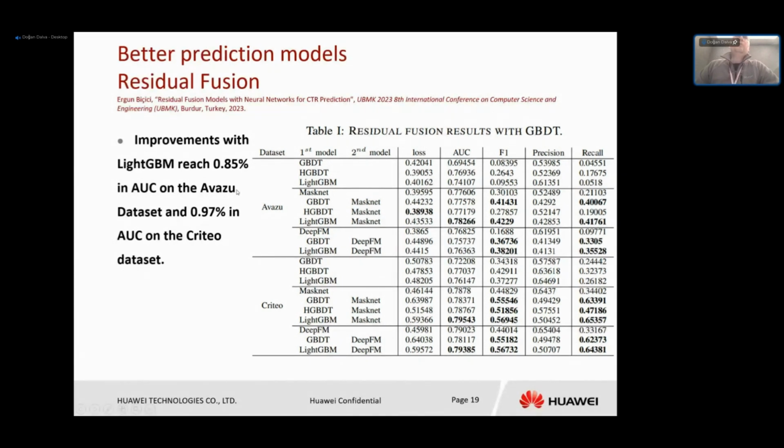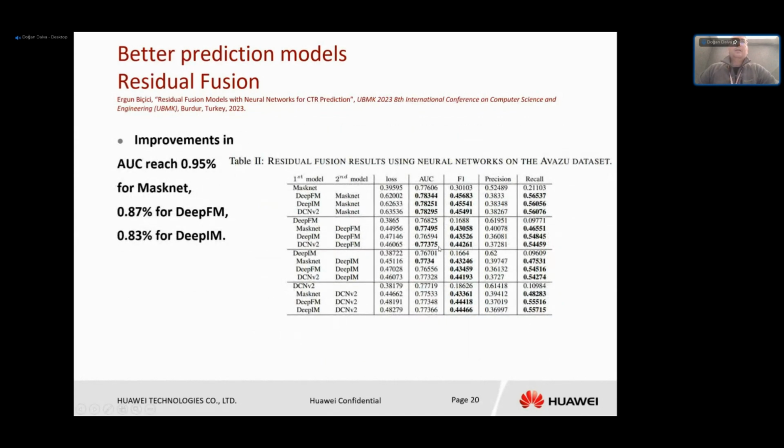And I want to note that 0.1% improvements in AUC are statistically significant. And so we achieved very good results with this type of combination.